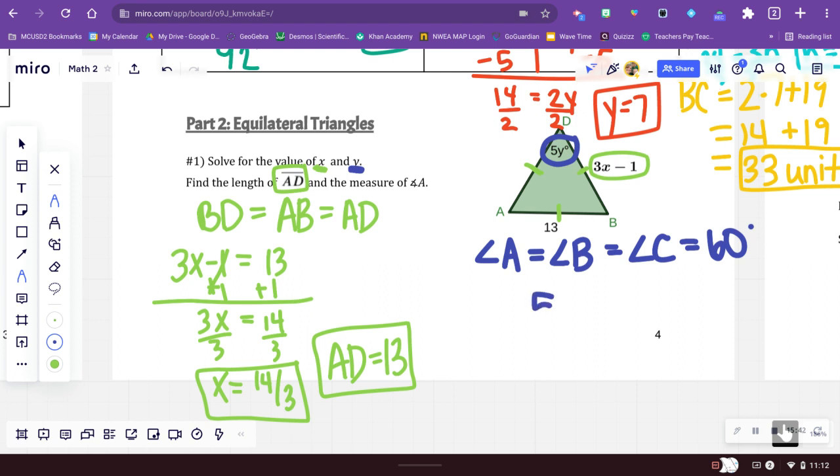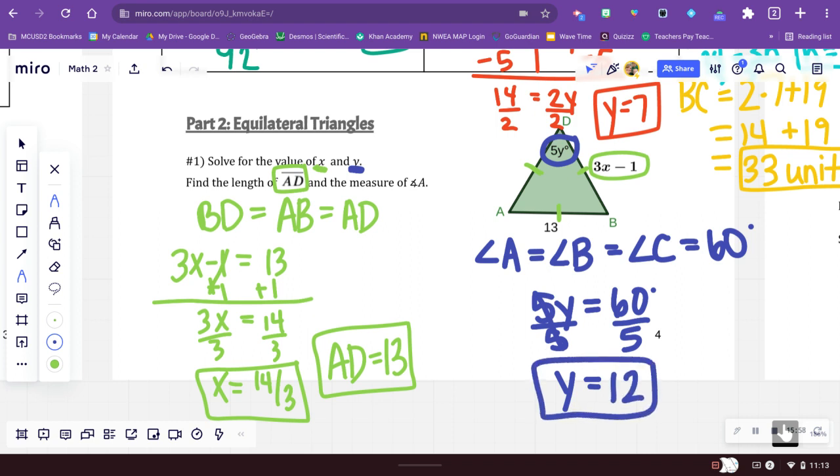So 5y must be 60 degrees. So 5 times what number is equal to 60? Or we could divide both sides by 5. 60 divided by 5 is 12. So y is 12. And angle A must be 60.